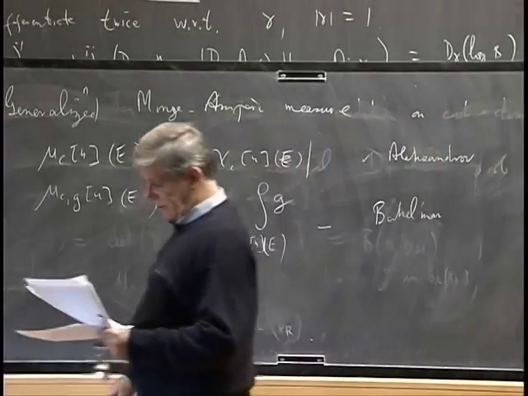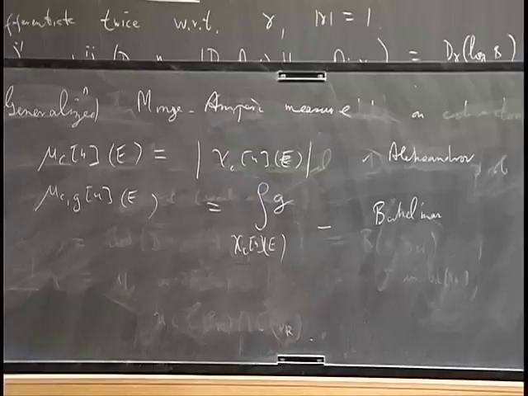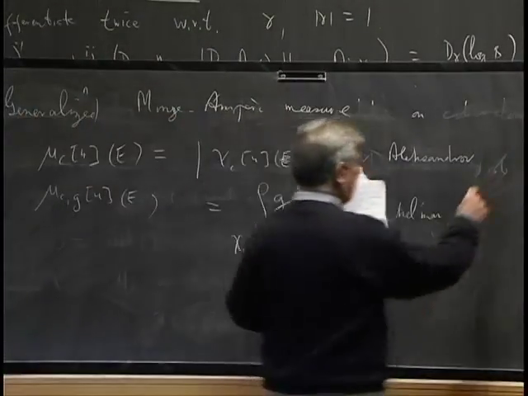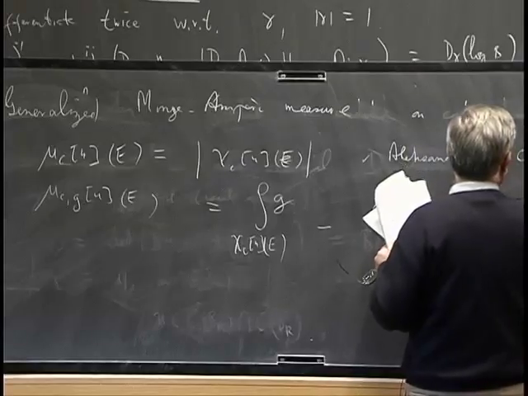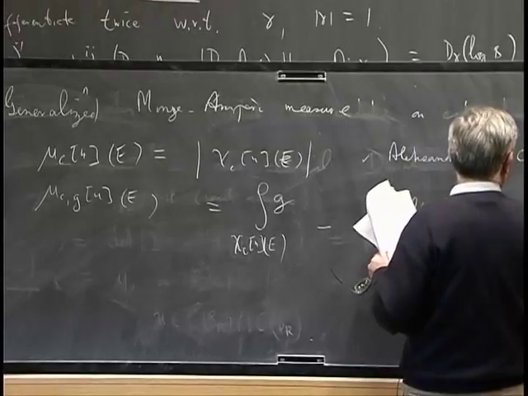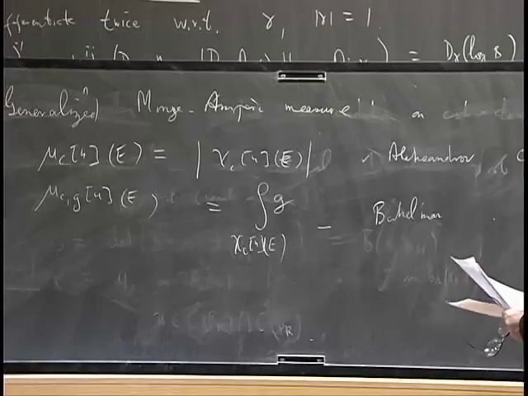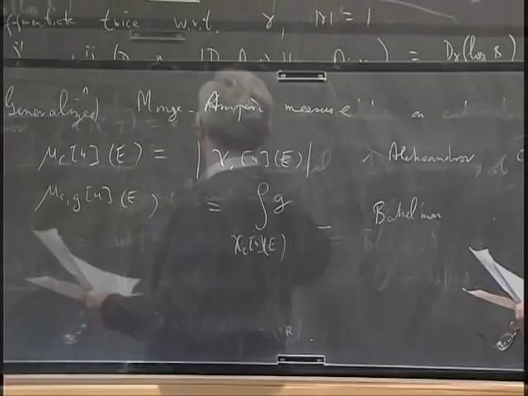We have a function g, a density g. And these are all the cases where c of x,y is x dot y. And g would be a given non-negative L1 function.